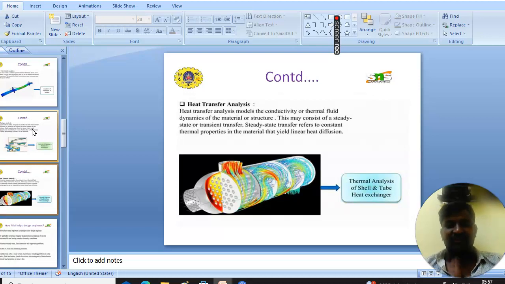Finally, there is heat transfer analysis. Heat transfer analysis models the conductivity or thermal fluid dynamics of the material or structure. This may consist of steady state or transient transfer. Steady state transfer refers to constant thermal properties in the material that yield linear heat diffusion.